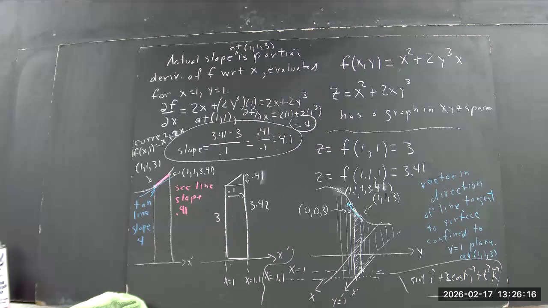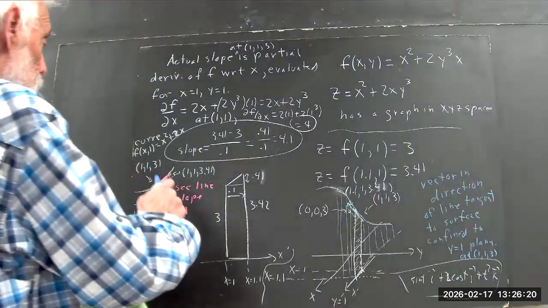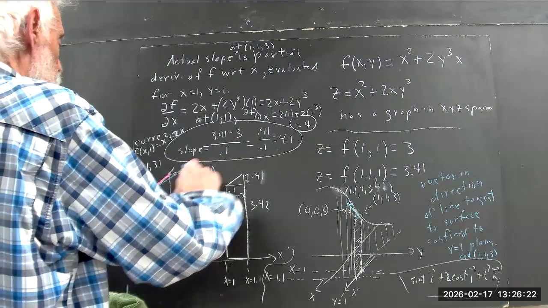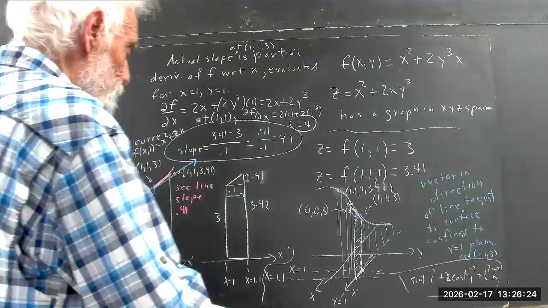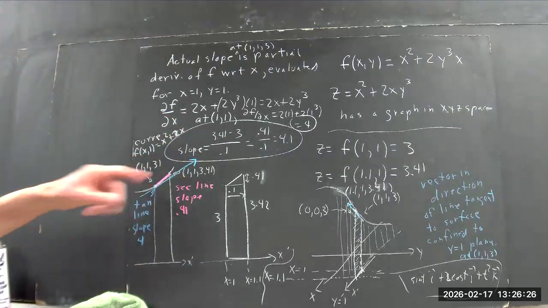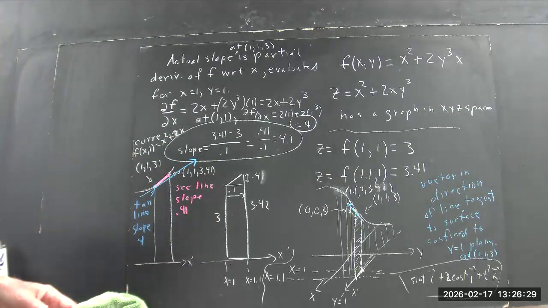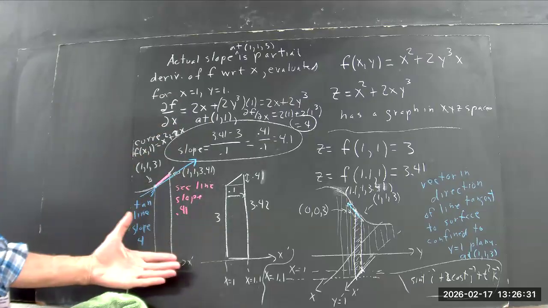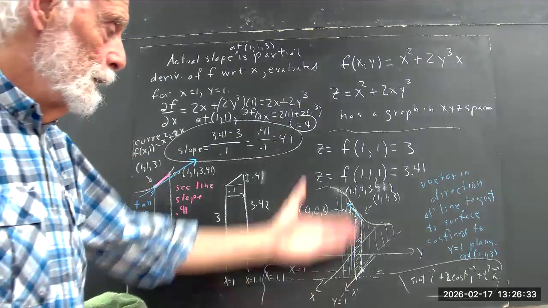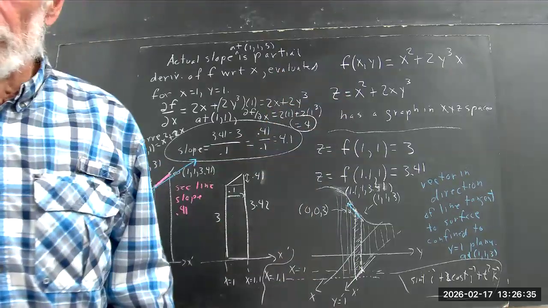Well, first of all, that vector would correspond to the vector here. So we just take this tangent line and extend it, there's our vector. Could be any vector in that direction. Now, where does this picture live? It lives in the plane y equals 1, right?